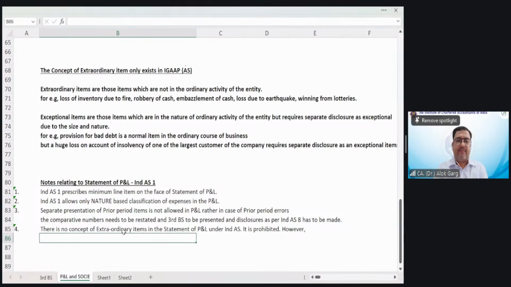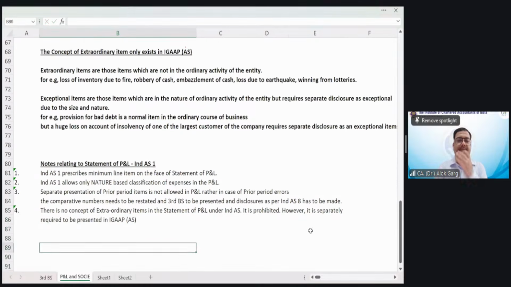However, it is separately required to be presented in IGAAP, which is AS in IGAAP. Okay, in IGAAP.